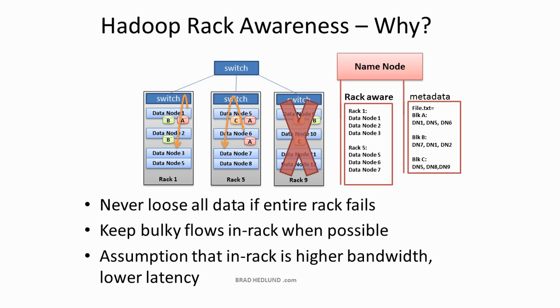But what about the replicas? Okay, how about we store the first version of ABC on rack 1, the second version of ABC on rack 2, and so on. Well, in that case, if one rack fails, then yeah, you still have the data available in the other rack. But let's say those two racks are connected together by a switch and that switch fails, so what will happen then?